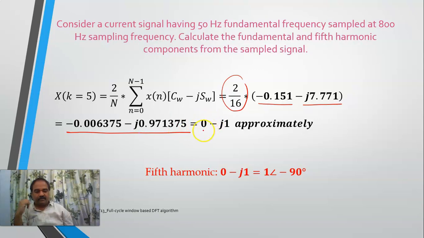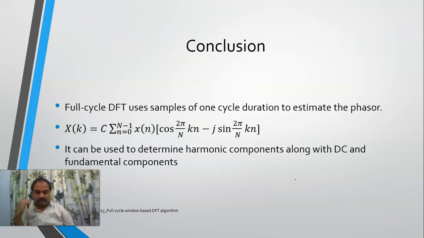If I solve this, I get this value, somewhere close to 0, so I'll take it as 0, and the other is somewhere close to 1, so I'll take it as 0 minus j1 approximately. Which means my fifth harmonic component is 0 minus j1, which I can write as 1 at an angle of minus 90. This is the magnitude of the fifth harmonic and this is the phase angle of the fifth harmonic.